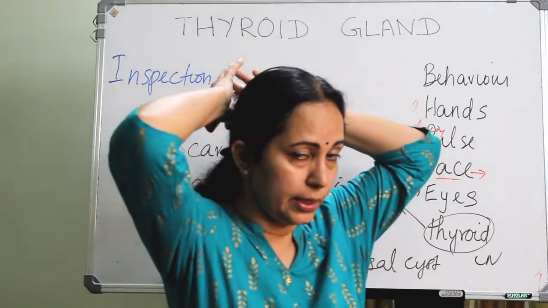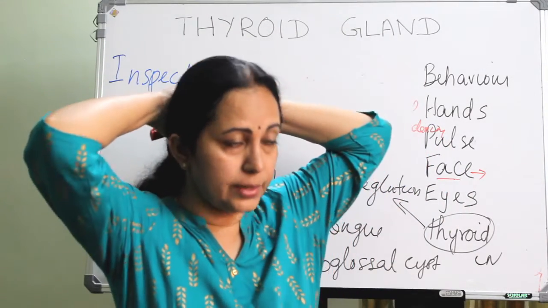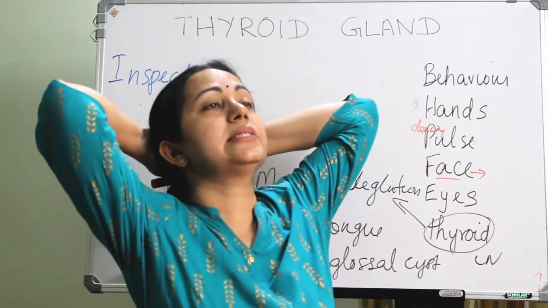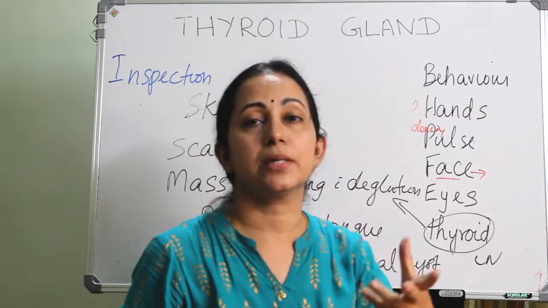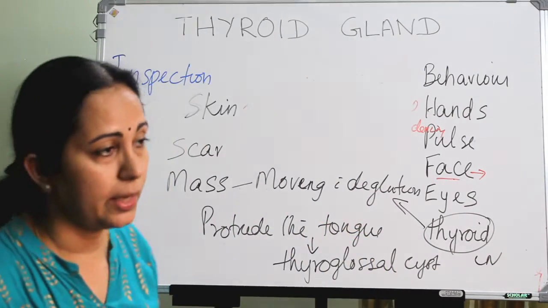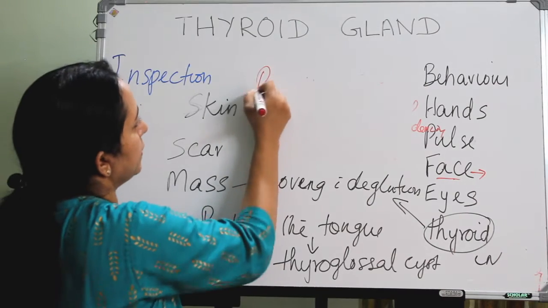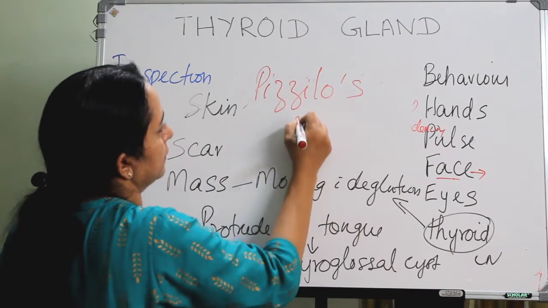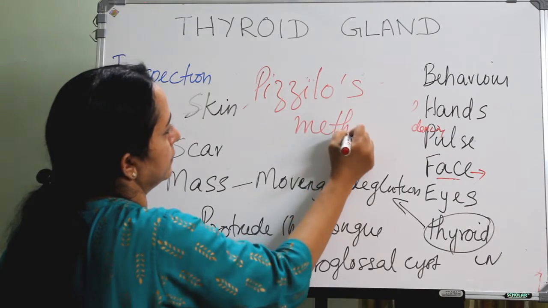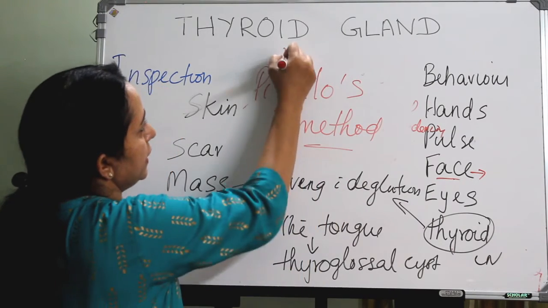Ask the patient to keep the hands like this, and just extend and push the head backward so that the mass will be visible properly. That is called Pizzillo's method of inspection.